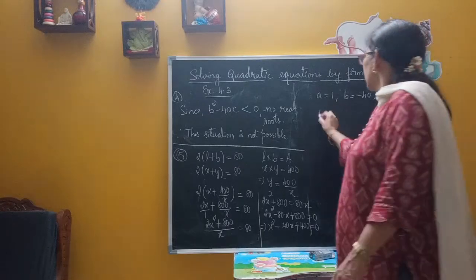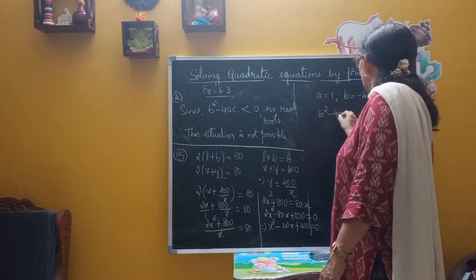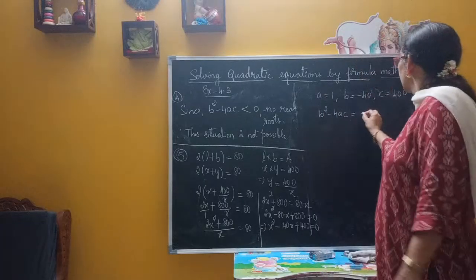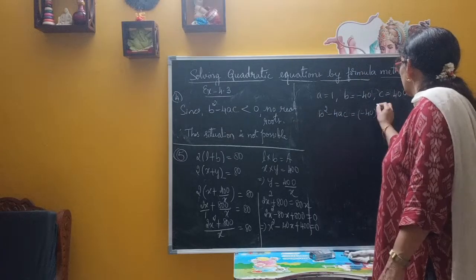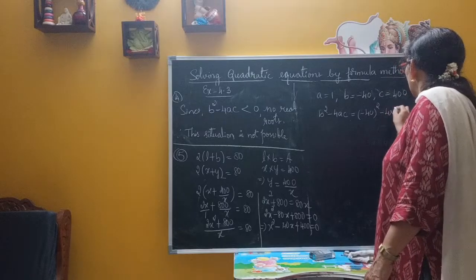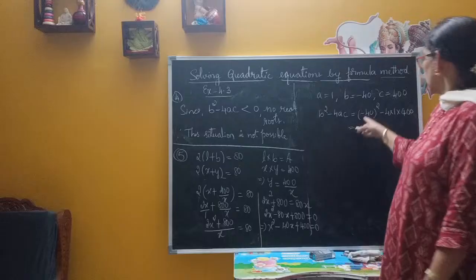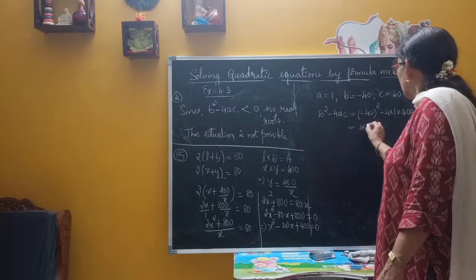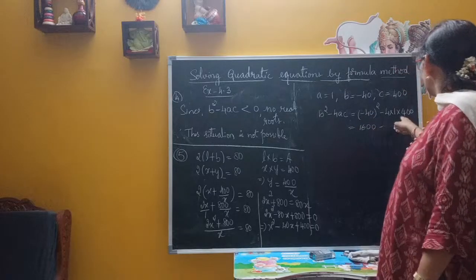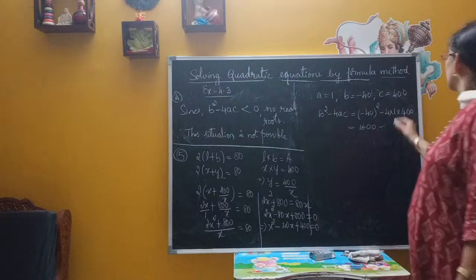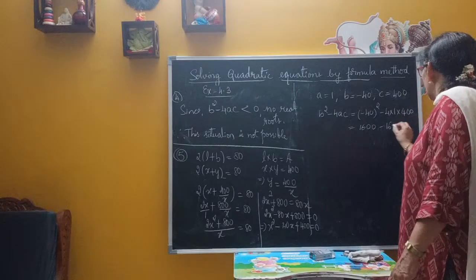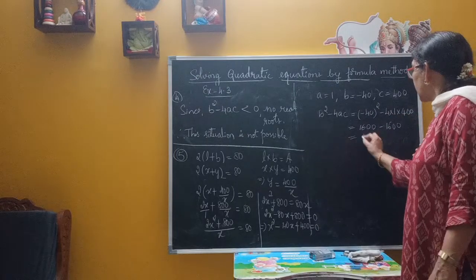So B square minus 4AC is equal to minus 40 square minus 4 into 1 into 400. So minus 40 square, 4 fours are 16, so 1600 minus 1600, which is 0.